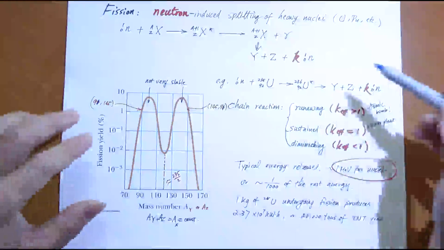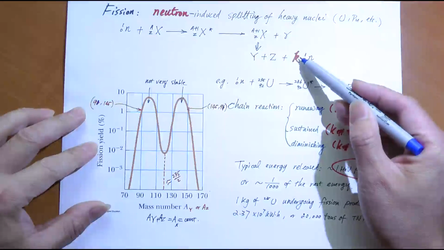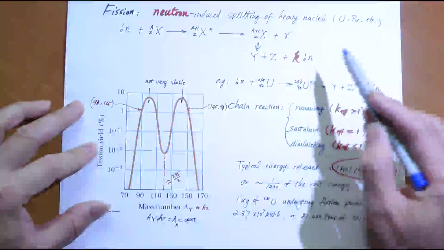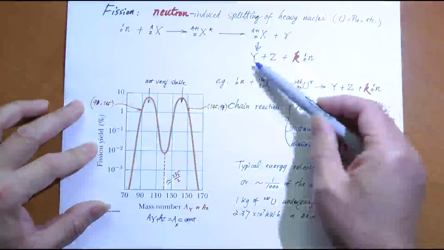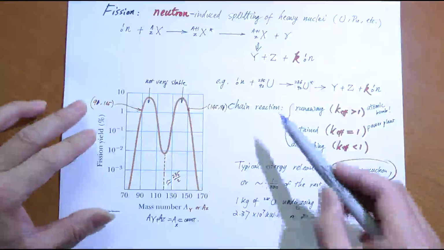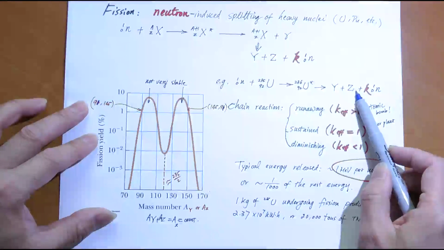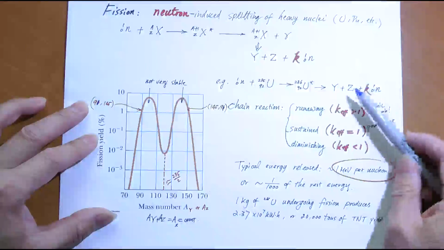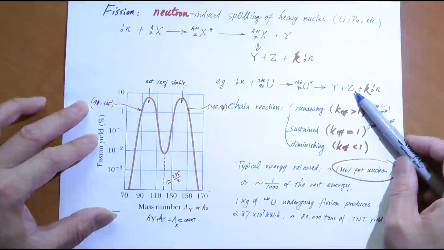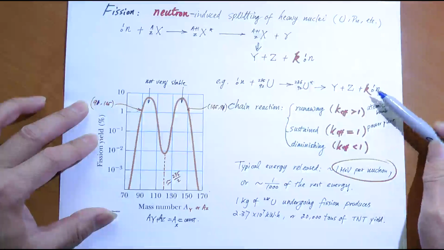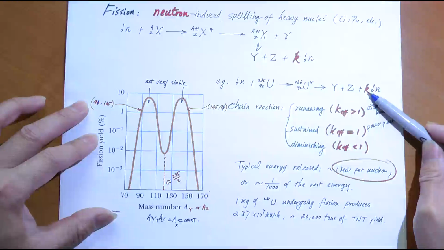Now, the letter k denotes the number of neutrons produced in this process. Again, this k varies depending on what Y is, what Z is. But for uranium-235, if you average all kinds of possibilities for Y and Z, there are a few dozen of them, you find that on average, k is about 2.5.